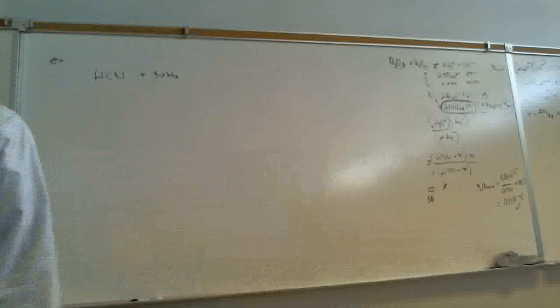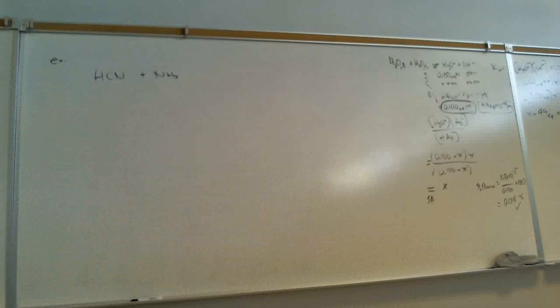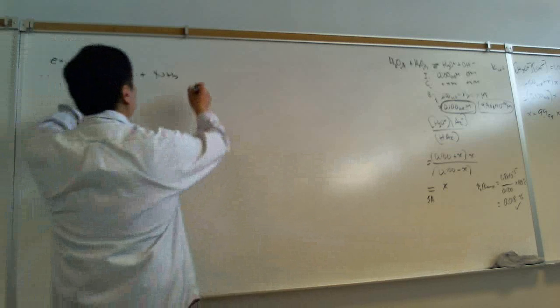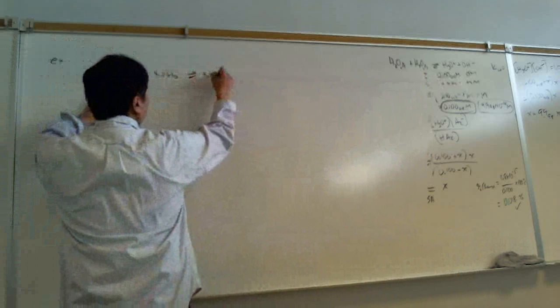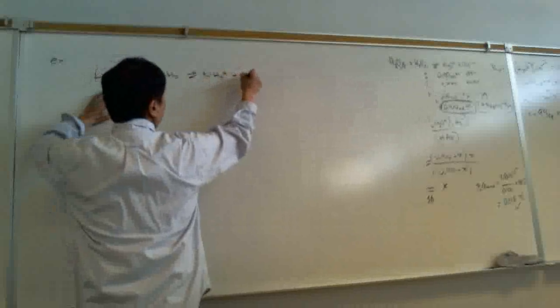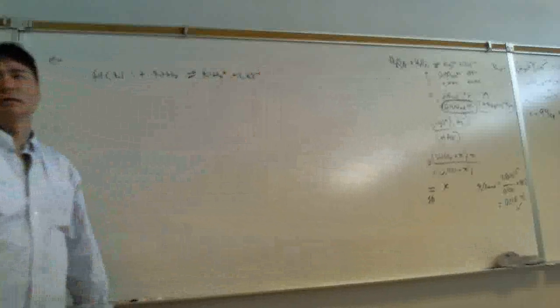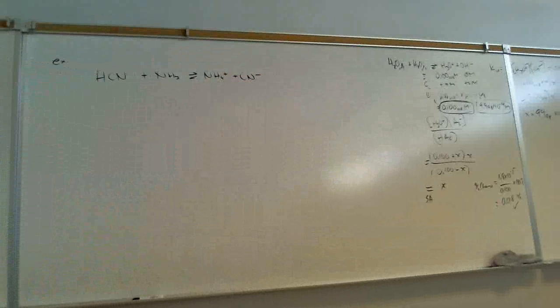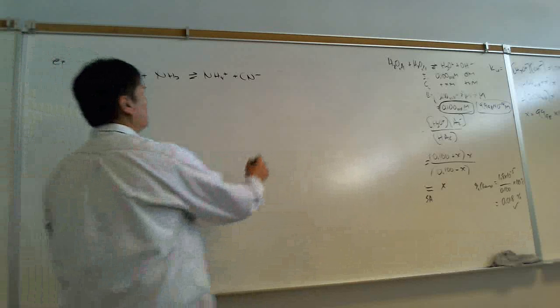Hydrocyanic acid with ammonia produces what? NH4 plus and CN minus. Yeah. And so we get NH4 plus and CN minus. What do you think K for this is?